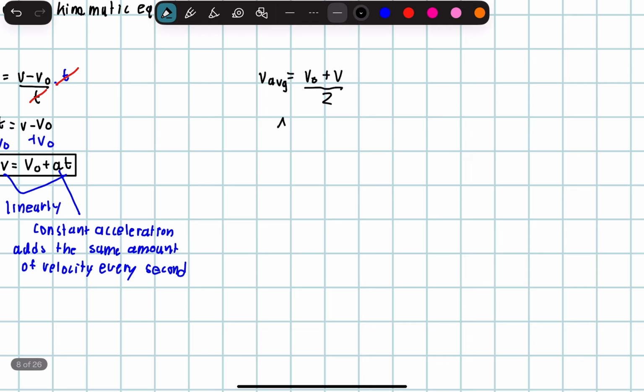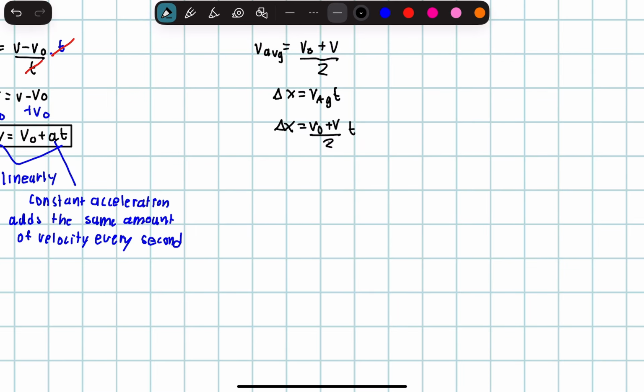And we have that displacement is delta x is v average times t. Now, using this, we can substitute in v average. So we have delta x is equal to v initial plus v over 2 times t.